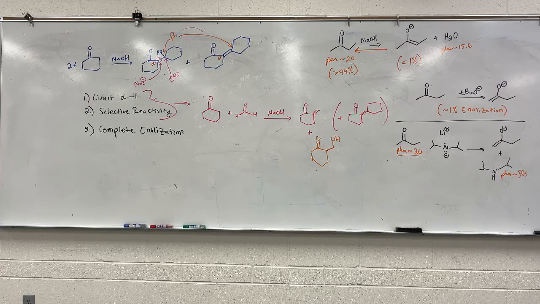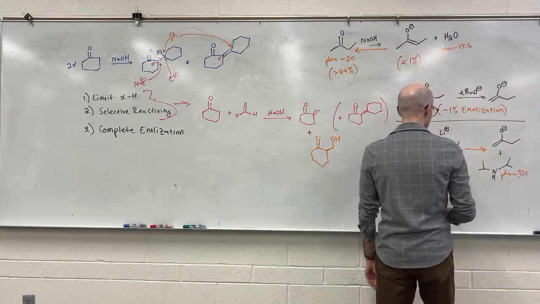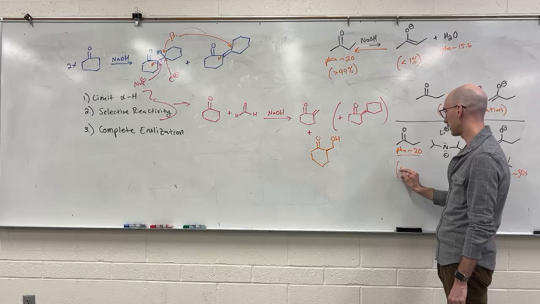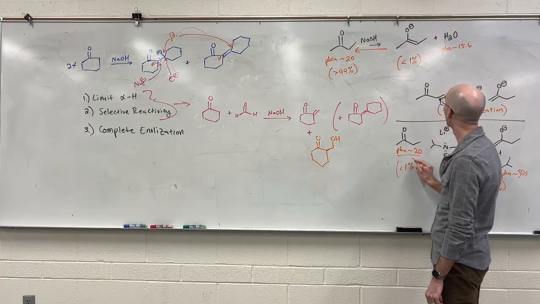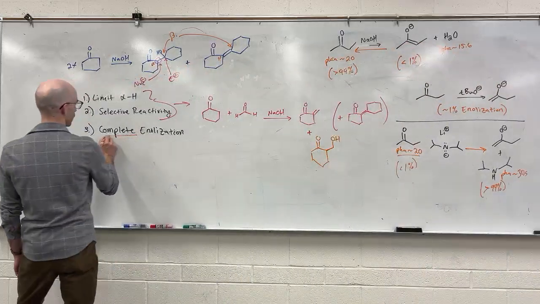Now which side of equilibrium is favored? The products. Now we've got essentially greater than 99% enolate and less than 1% carbonyl. Is greater than 99% complete? Because that's what I was going for, complete enolization.